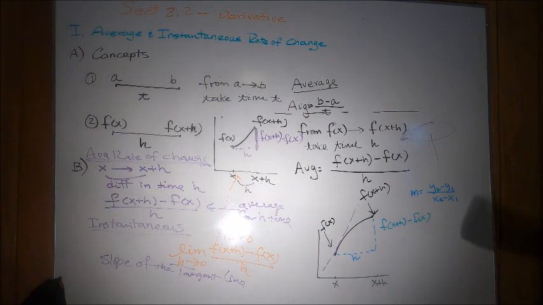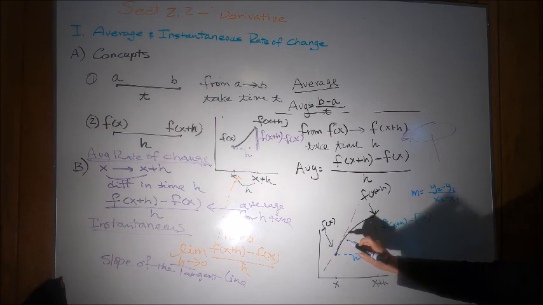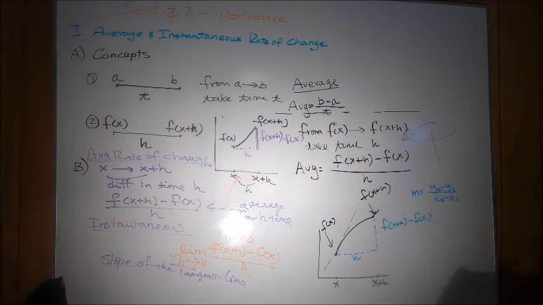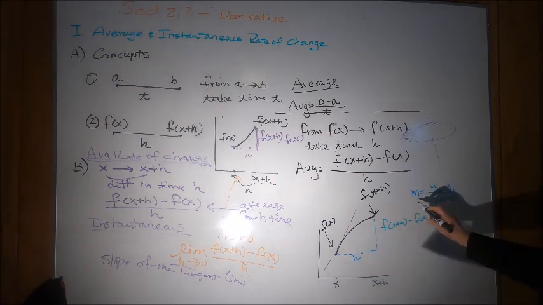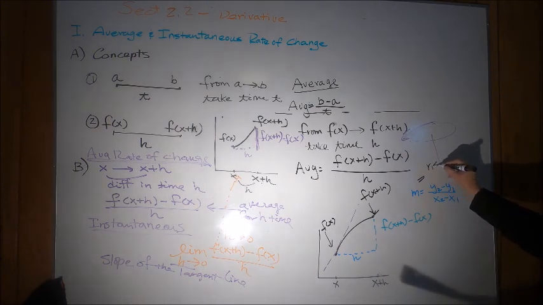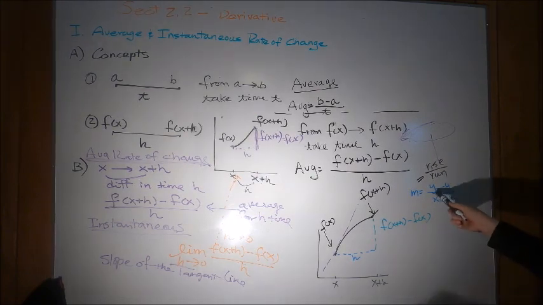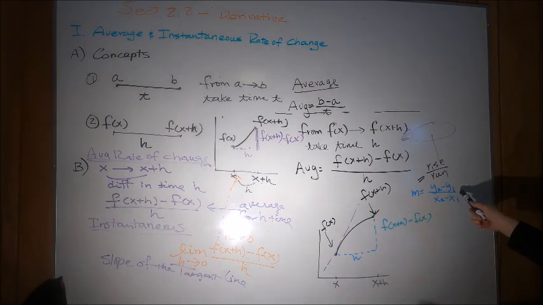So if you talk about what the tangent line is for that, we say m is what? Slope is rise over run, right? Rise is what? The difference between the y. The run is the difference between the x.